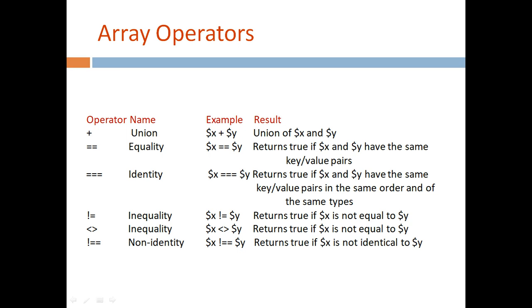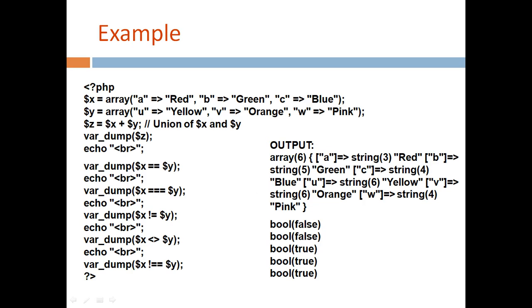Equality means both the arrays must have the same key values, then it returns true. Identity means along with the order, sequence and the data type, everything should remain the same. Inequality is if they are not equal, both the cases. Non-identity means the order may be rearranged, the sequence may be rearranged.